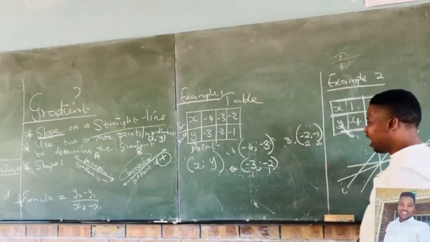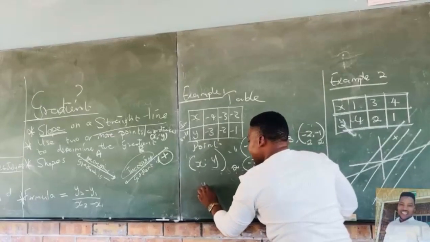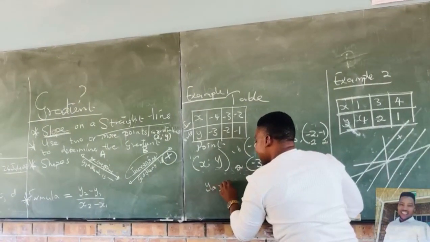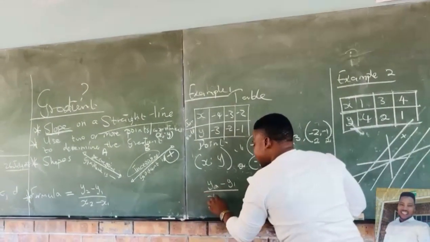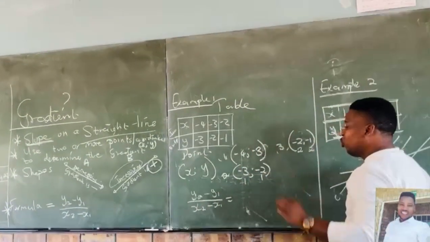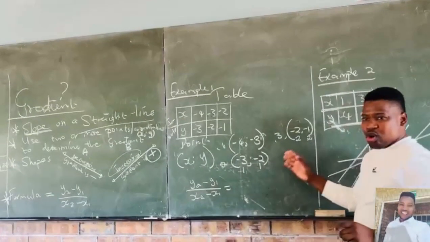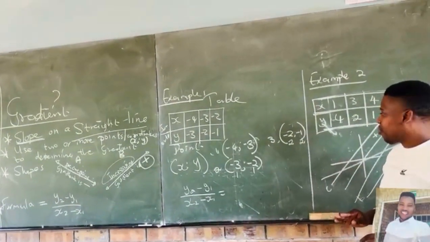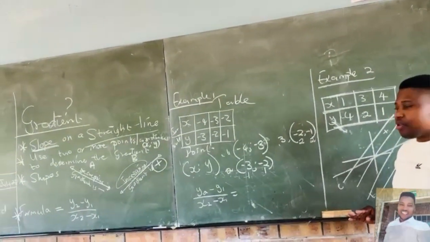What is the formula? The formula says y number 2 minus y number 1 divided by x number 2 minus x number 1 is equal to, let's substitute. Y number 2, what is the value of y number 2?